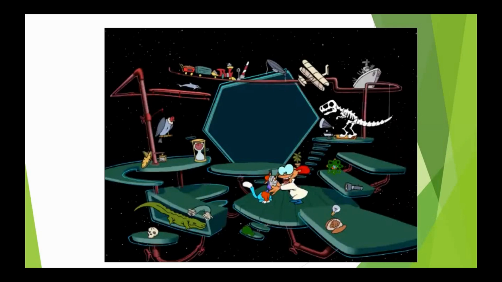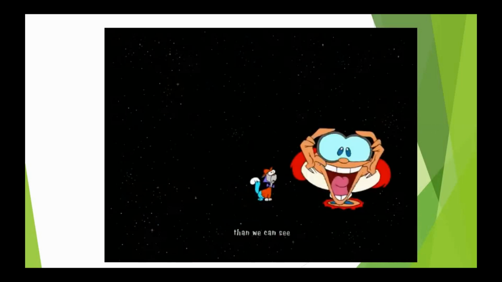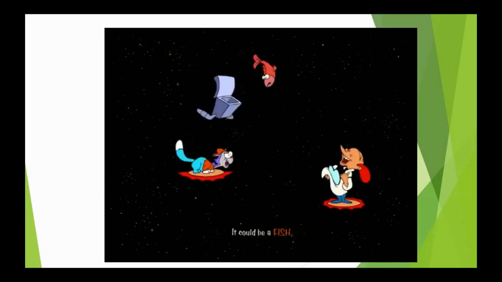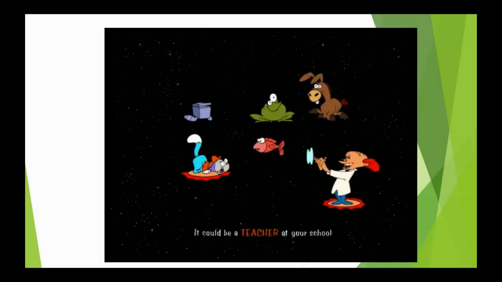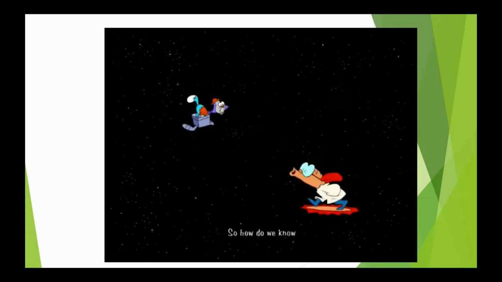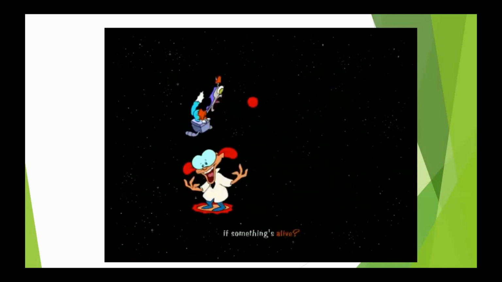Beets, of course, it's not alive. Yes, crystals grow, but that does not make them alive. Living things have special orders for them. It's the study of biology. If something's alive, then we can see that it's a part of biology. It could be a fish, a frog, or a mule. It could be a teacher at your school. So how do we know if something's alive?